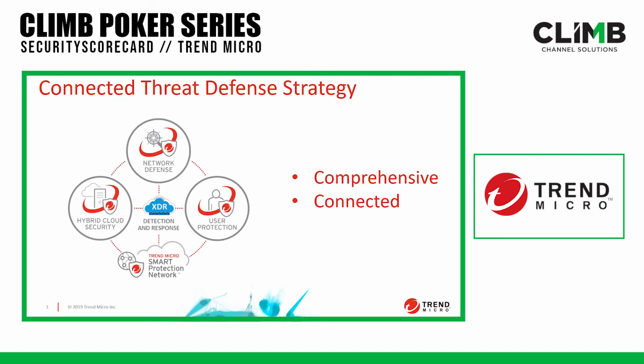We had a partner event not too long ago, and they talked about how comprehensive our product sets were. They say you can secure 80% of your network with Trend Micro. That's pretty comprehensive. Back in the day, if many of you were working in IT then, there really were not a lot of comprehensive solutions out there.